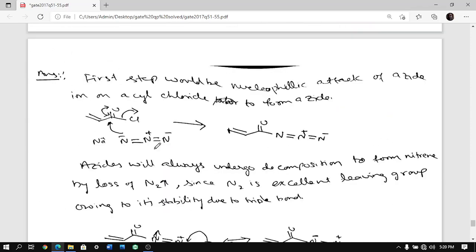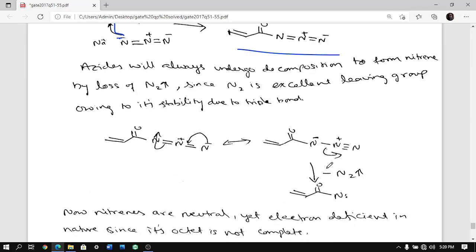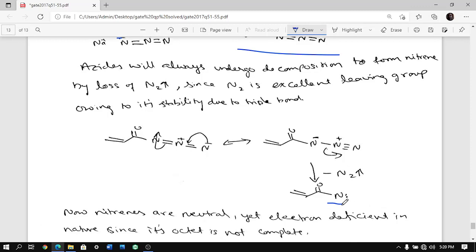Okay, so of course the first step is sodium azide, so N3 minus is there, so it goes and attacks here, this comes up, this goes down, Cl minus leaves, and you are getting this. And then what happens is, because heat is there, whenever azide is there, you always get this kind of intermediate called a nitrene.